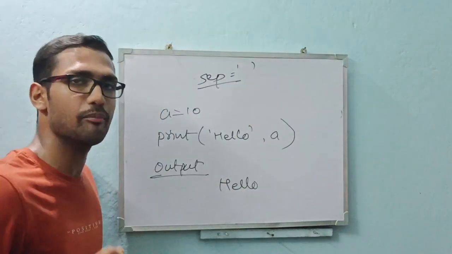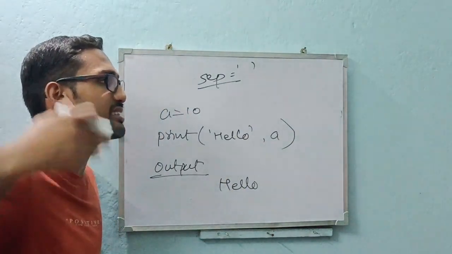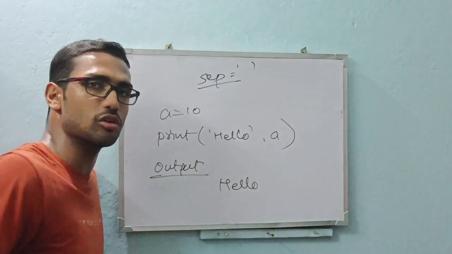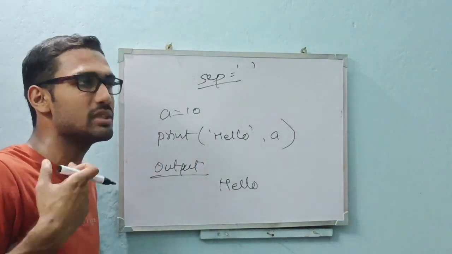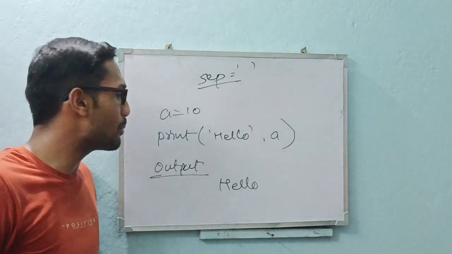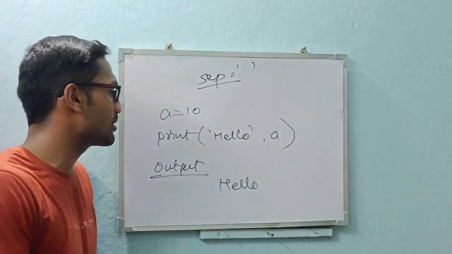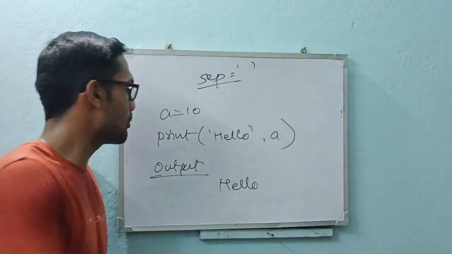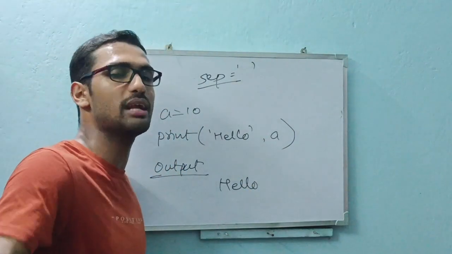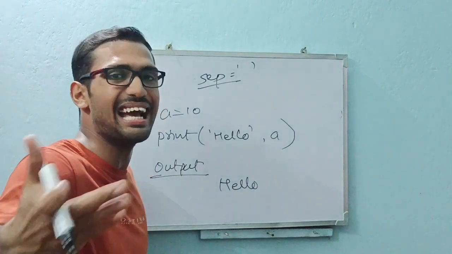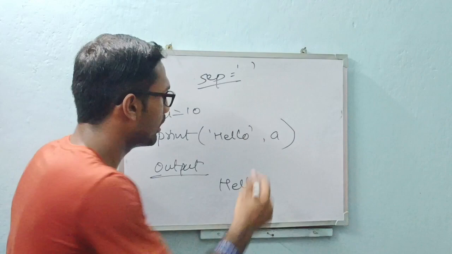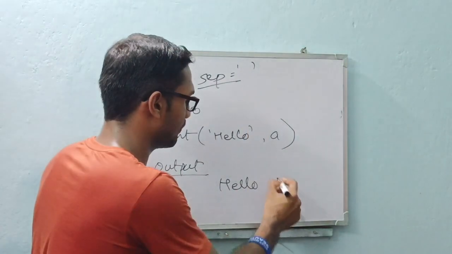No quotes will be there because we know by default the print function returns it as a string, so we won't specify it within quotes. Okay, but yes, when we use those things in interpreter mode, then in that case quotes will come. But when you are using the print function, don't try to specify it within quotes. By default we know that the print function returns it as a string. So guys, mind it very well. So hello, the value of a will get printed, hello 10.